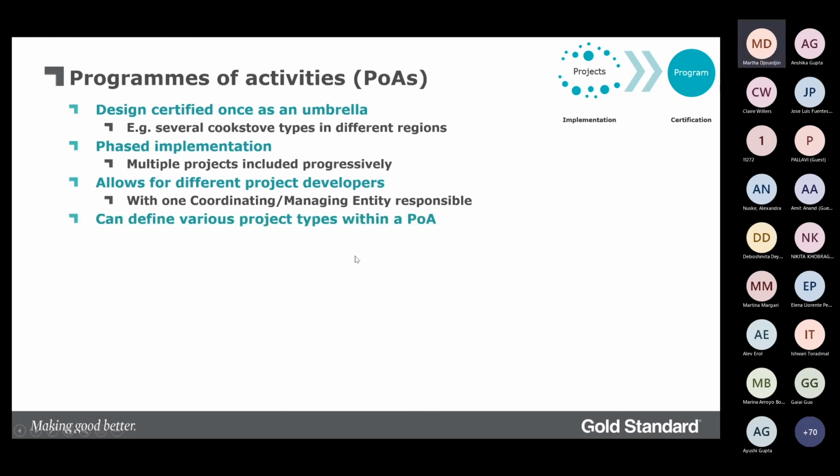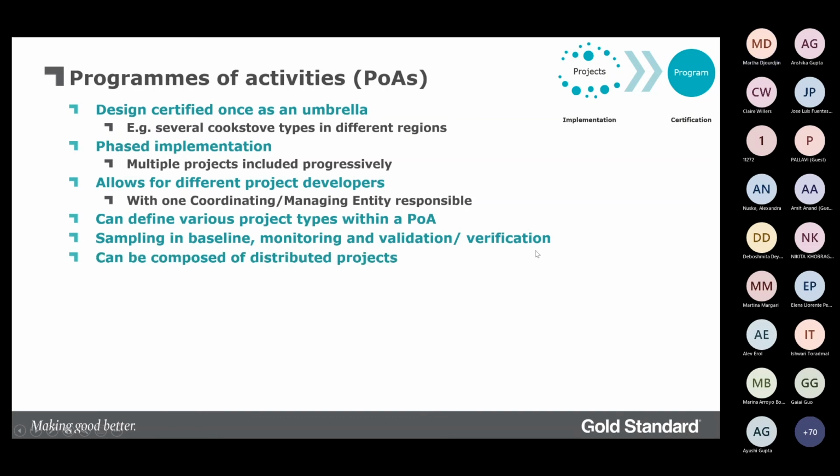You can also define various project types within a program of activities. You can have, for example, cook stoves in one project, cook stoves and water filters in another project, and only water filters in another project within the same program. You can have sampling, again, in baseline monitoring and validation verification. It can be composed of distributed projects, as we said.